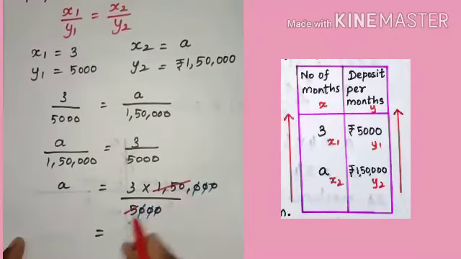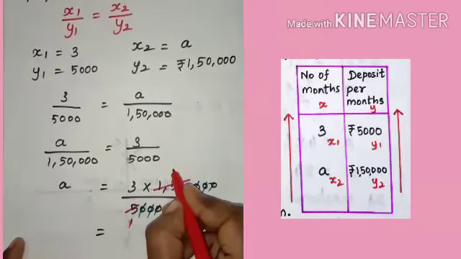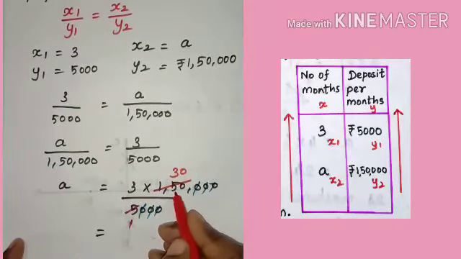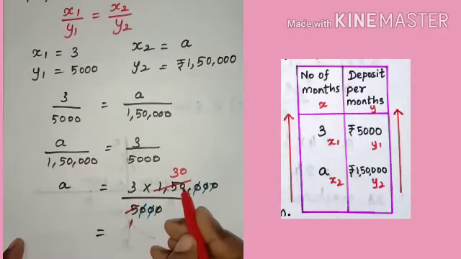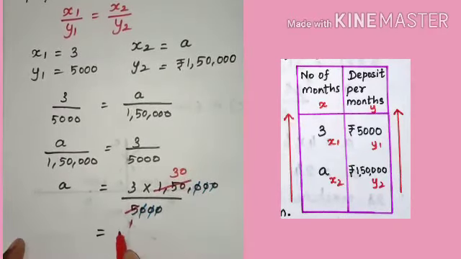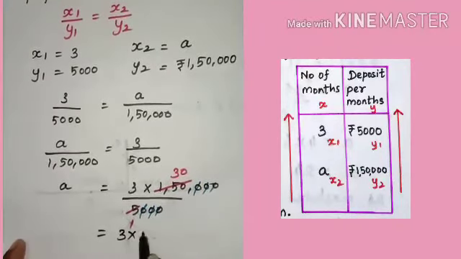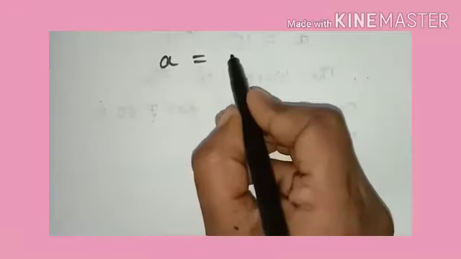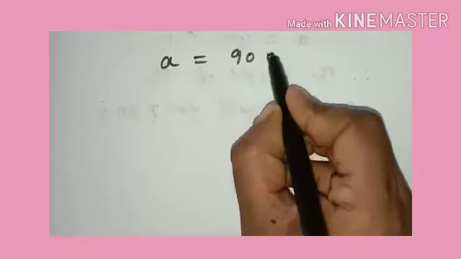When we cancel 150 by 5, in the denominator it is 1 time and in the numerator it is 30. 3 5s are 15 and the remaining 0 is there. So 30, and 3 into 30 is 90. A is equal to 90 months.